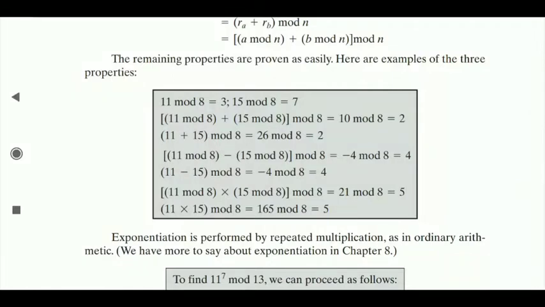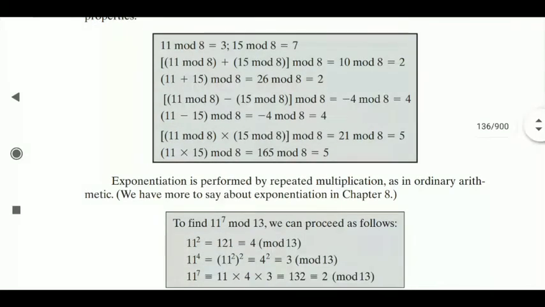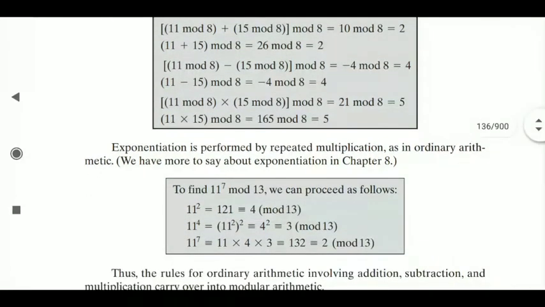And (11 plus 15) mod 8 equals 26 mod 8, which is also 2. Another example: 11 mod 8 minus 15 mod 8 equals minus 4 mod 8, which equals 4. Similarly, (11 minus 15) mod 8 equals minus 4 mod 8, again 4. These are some properties of modular arithmetic.